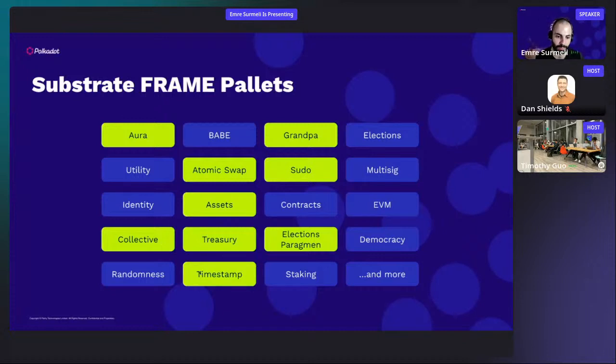The idea of a timestamp. Election pallets, which are used for governance and electing nominators because it's a proof of stake network. An EVM pallet for the ability to have a Solidity runtime, multi-sigs. So all of these things are packaged up and ready for you to include in your runtime, and they're out of the box, so they work as soon as you include them in your runtime.